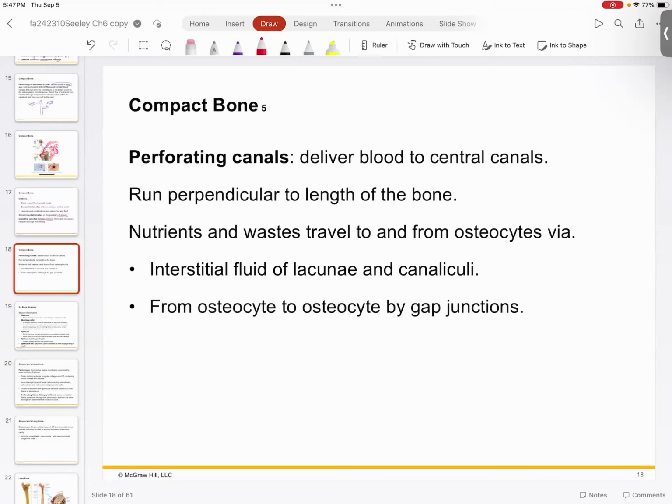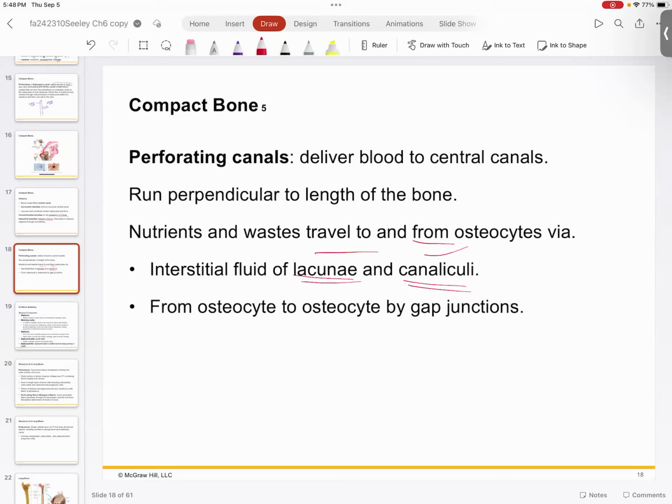Now then, when you have your perforating canals, remember these are the Volkmann's, right? These are running perpendicular to the length of the bone. And so what these are doing is traveling to and from the osteocytes. They're delivering nutrients and waste or taking waste away. And they're exchanging interstitial fluid of the lacunae and the canaliculi.